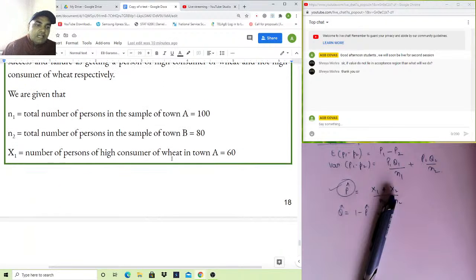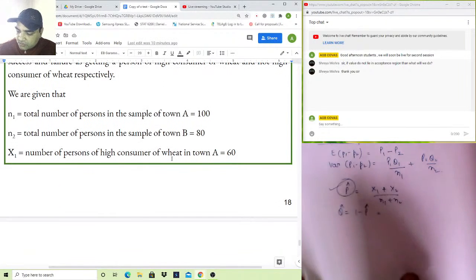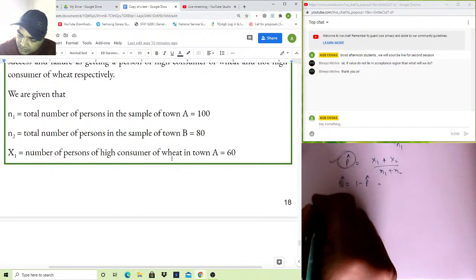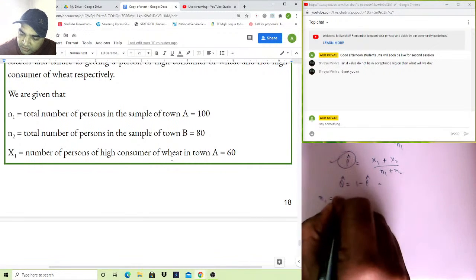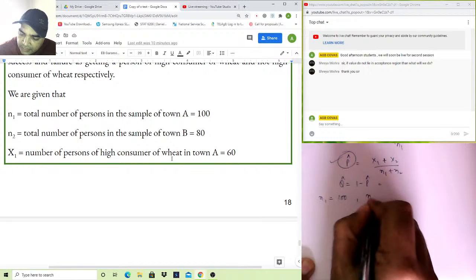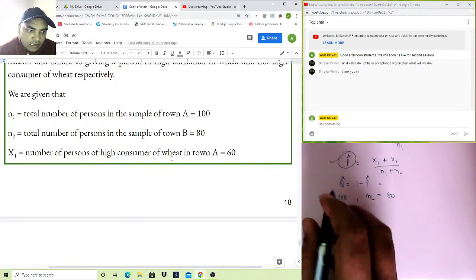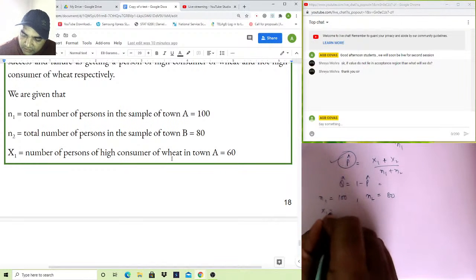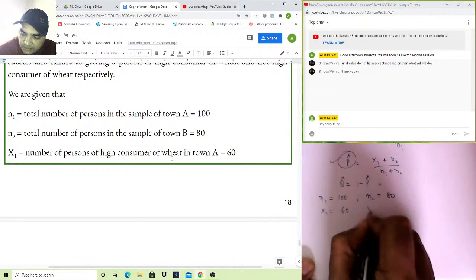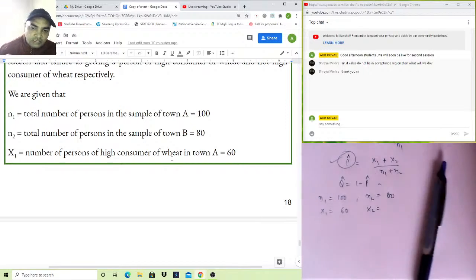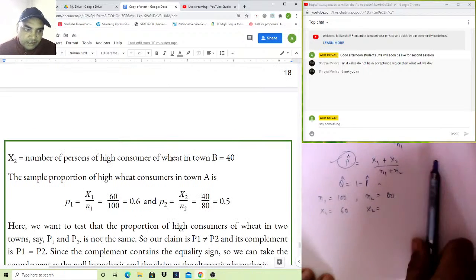In this question we have n1 equal to 100, n2 equal to 80, x1 equal to 60 and x2 equal to 40.